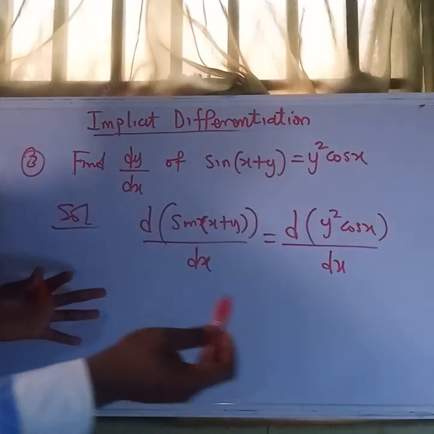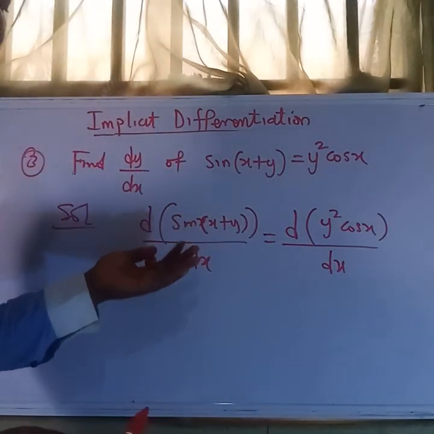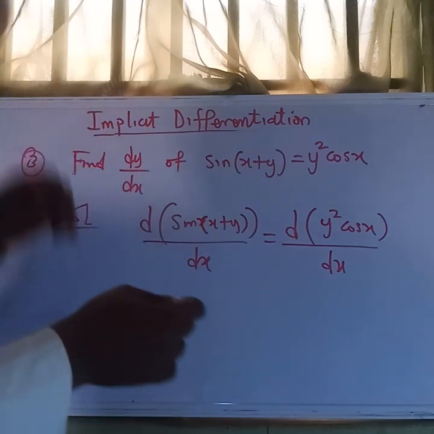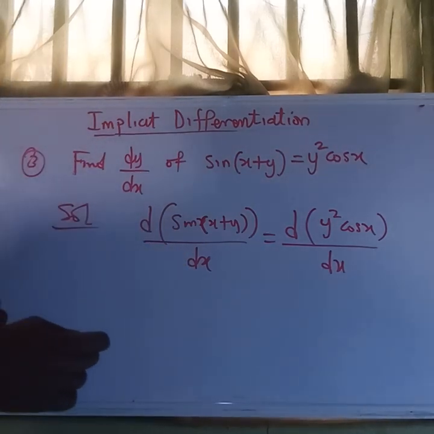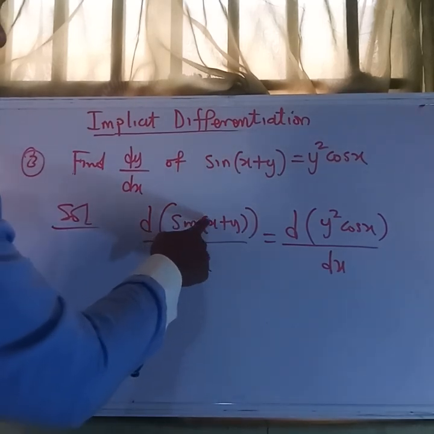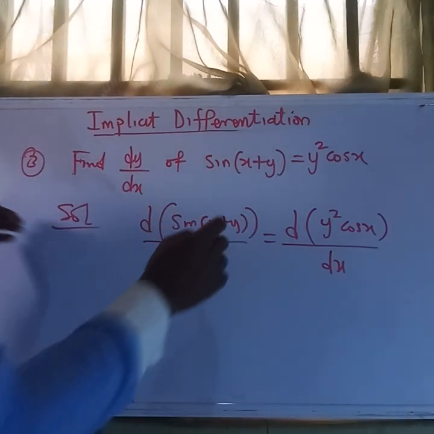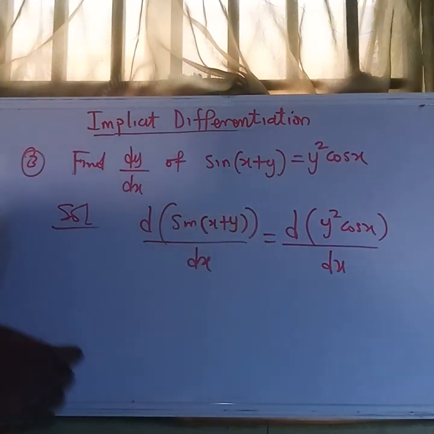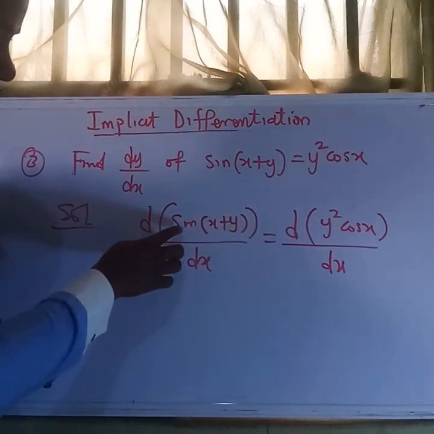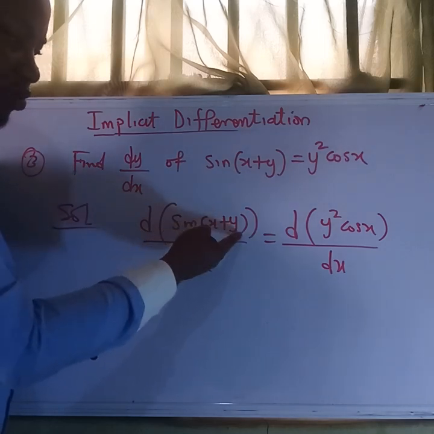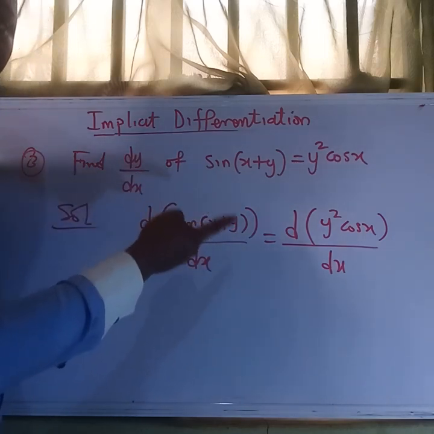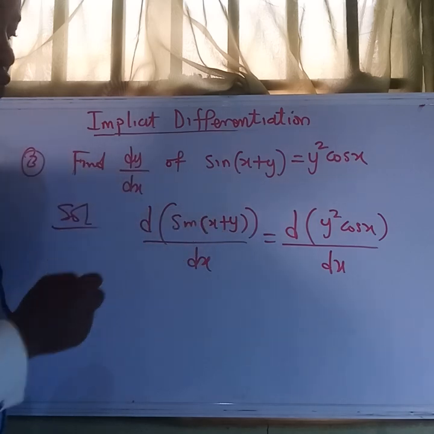At the end, those dy/dx terms in the formula will be taken out so that we can get a suitable slope. Now we observe that this is the sine of (x plus y), so to do this we apply what we call the chain rule approach.